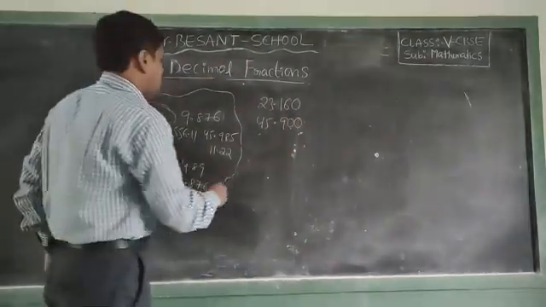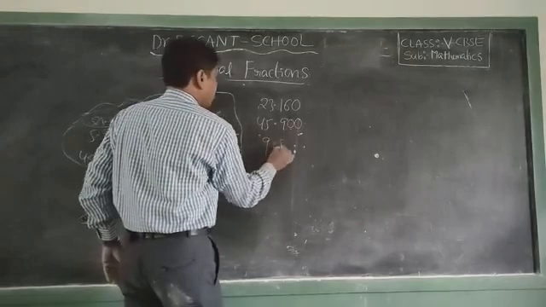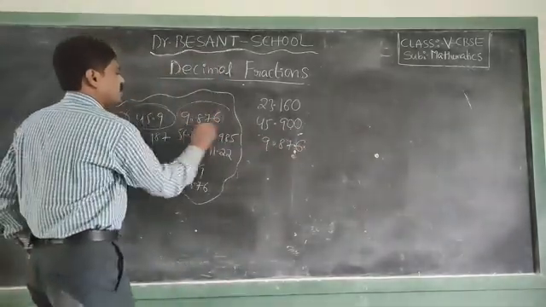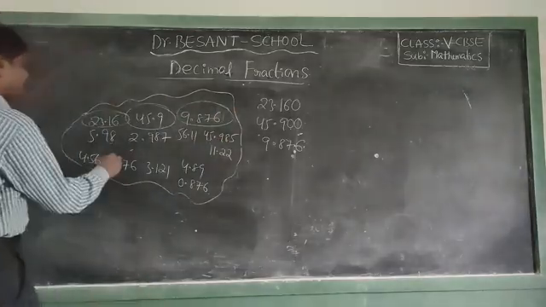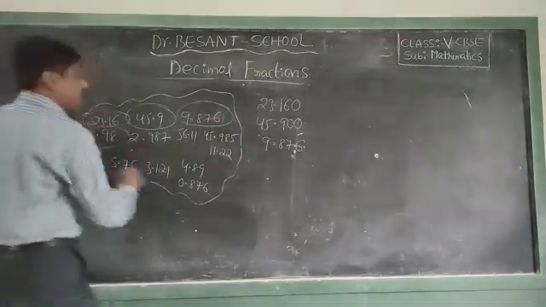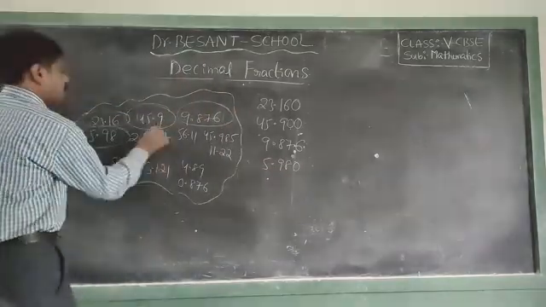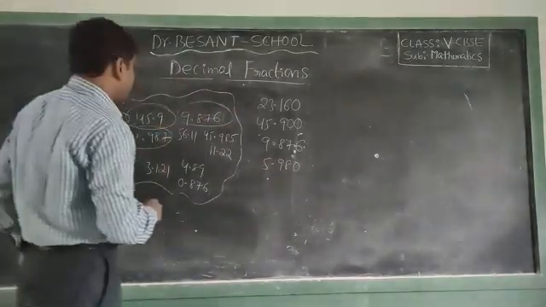Over 9 point, it's anyhow same 876. After decimal anyhow it's 3 places. Next 5.98, 5.980. Next 2.987.